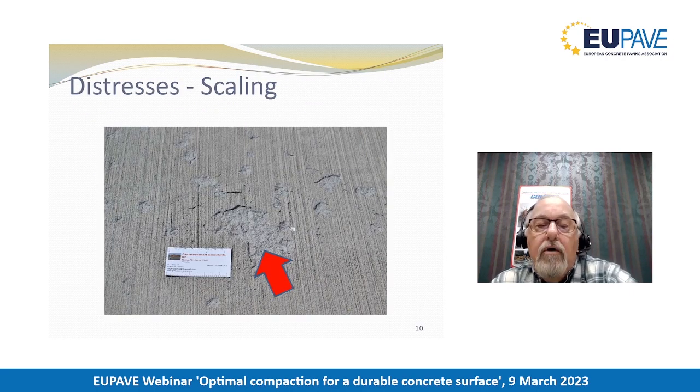If you over-vibrate a pavement, this is an example of a concrete pavement at an airport in Moldova. We did this project several years ago, and there was over-vibration of the concrete, because the concrete mix was not optimized; it was lacking in several elements needed for good long-term performance. But nonetheless, it was placed, consolidated, and finished.